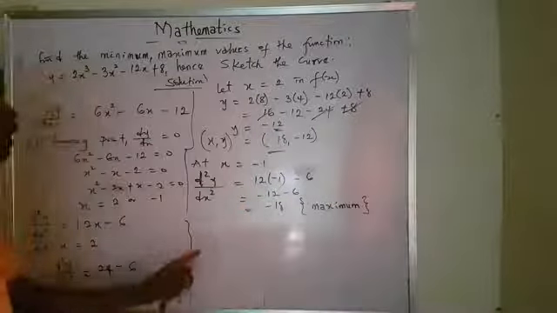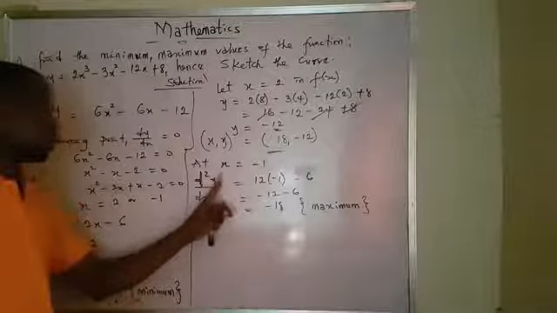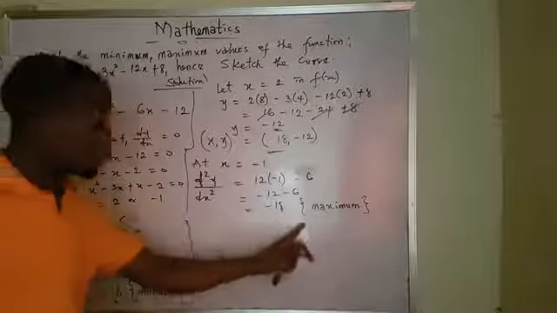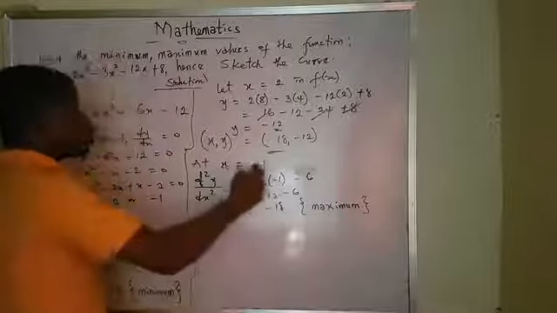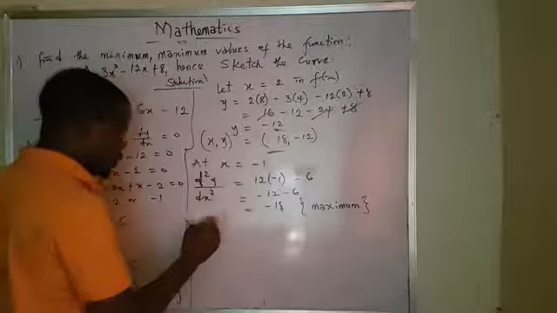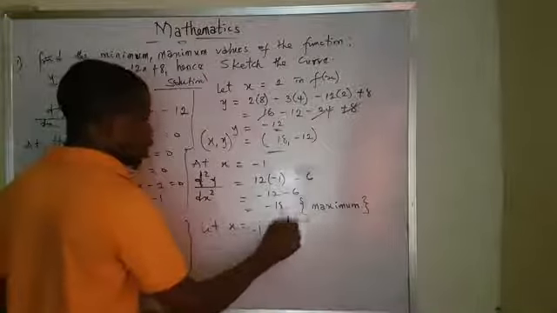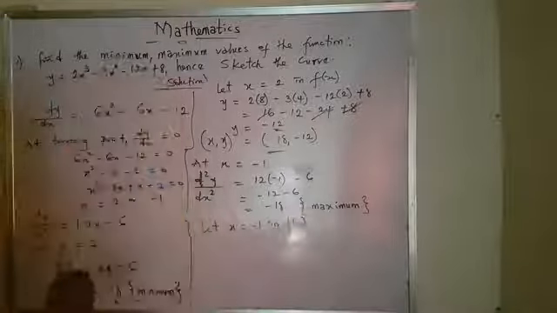So now, since at x equals minus 1 the second derivative gave us the maximum value, let's also put this in our function of x. Let x be equal to minus 1 in f of x. So what do we have?